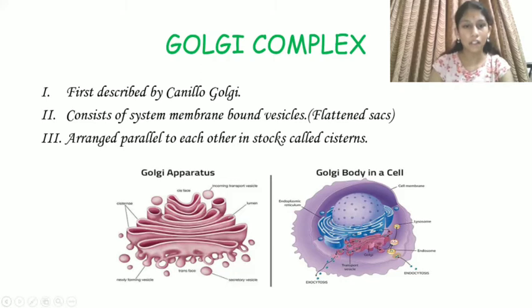You can see the Golgi apparatus, they are flat here, right? They are arranged parallel to each other, parallel means side by side. You can see the picture here. In a cell, the Golgi apparatus looks like this.